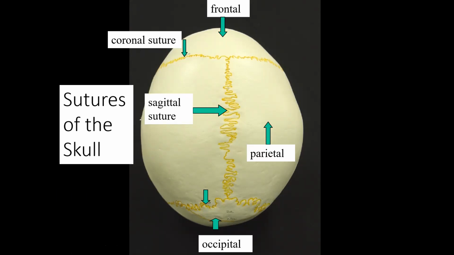And we have the lambdoid suture. I wanted to say lamboid, but it's lambdoid suture, separating the parietals from the occipital. And then we have the sphenoidal suture separating the parietal from the temporal on the sides.